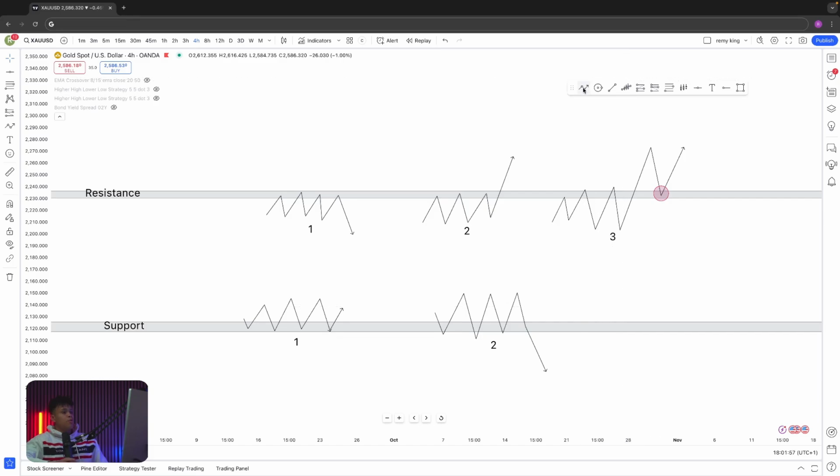For a third example, price is showing us rejections off of the support again, and then breaks through the support zone and retests it before dropping again, which is basically like the third example on the resistance side, but for the support zone.